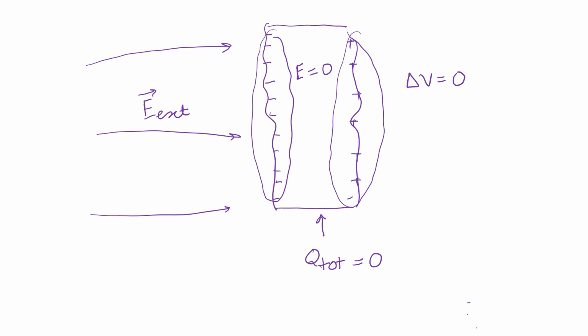The next rule is based on this very simple idea: if I have a conductor, I have an external field which is created. I have created electrons on one surface and left positive charges on the other surface.